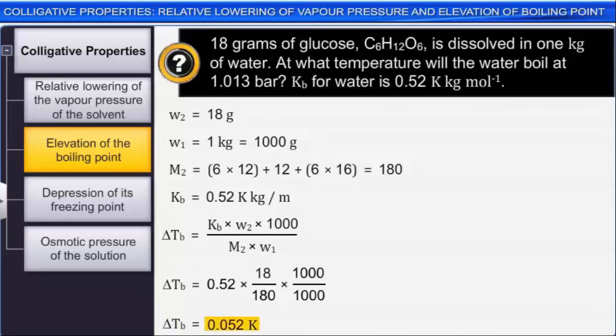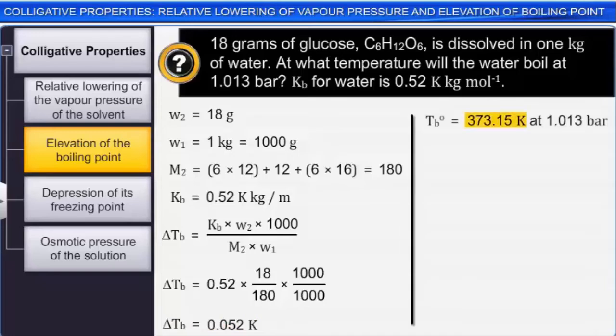Since water boils at 373.15 Kelvin at 1.013 bar pressure, the boiling point of the solution, Tb, can be calculated as Tb is equal to Tb0 plus ΔTb, or 373.15 plus 0.052, which is equal to 373.202 Kelvin.